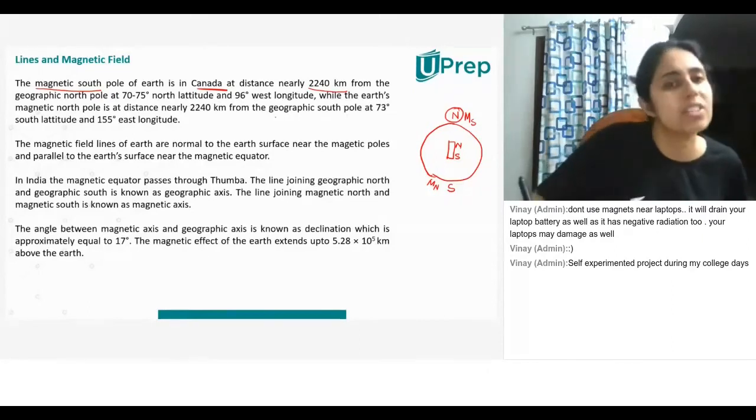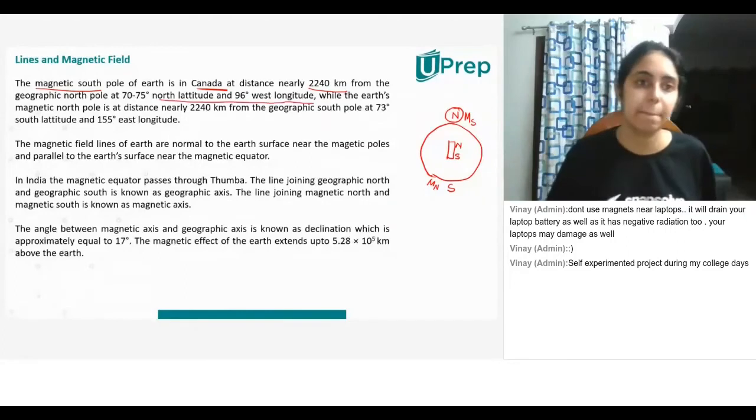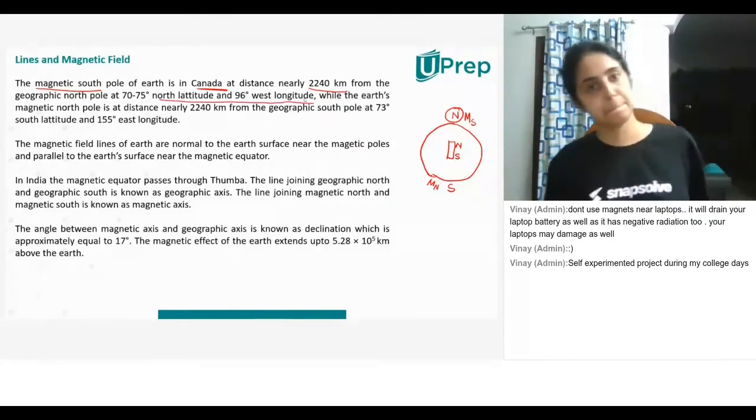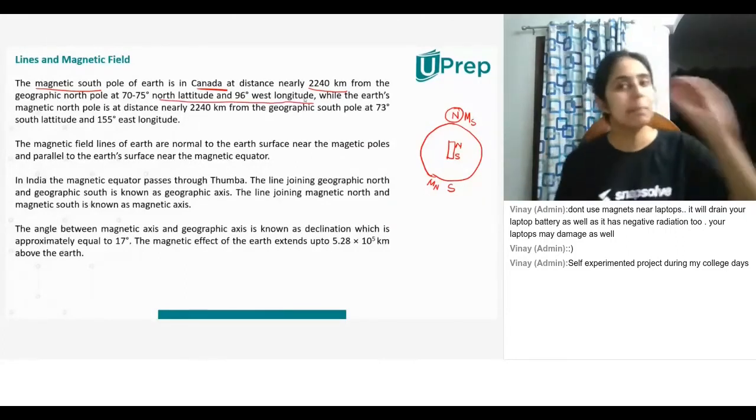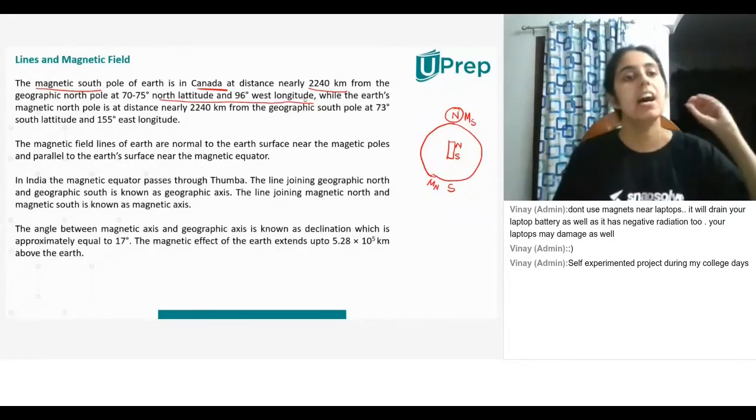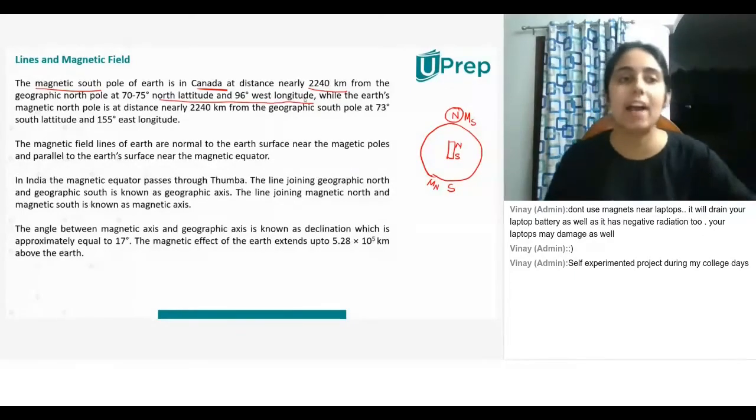Do you know what latitude and longitude are? Yeah, ma'am, we studied. Right. So at that particular point in Canada is where you have the magnetic South Pole.